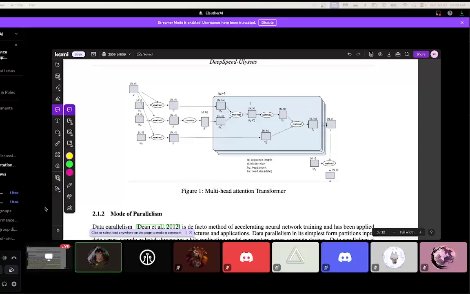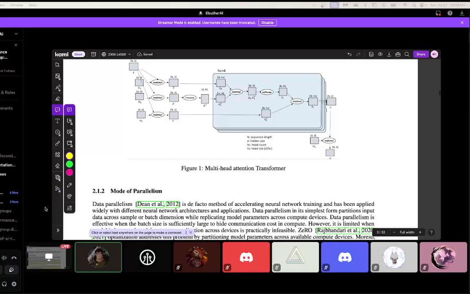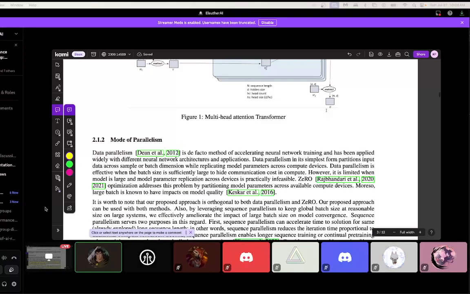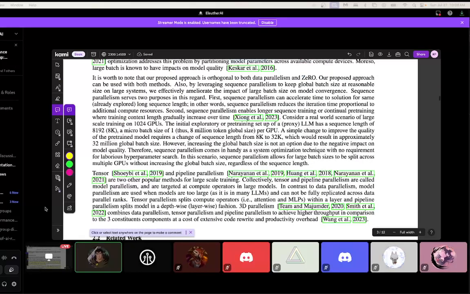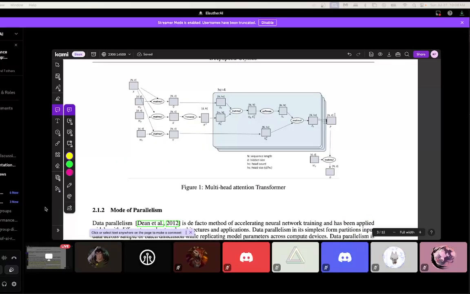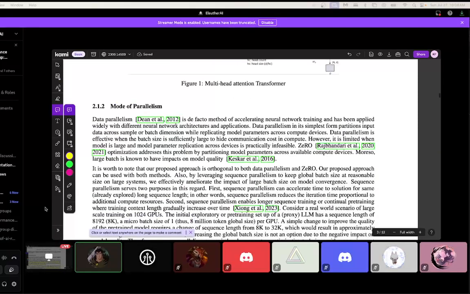So you're substituting the all gather and the reduce scatter with two all to alls, one for the input and one for the output.